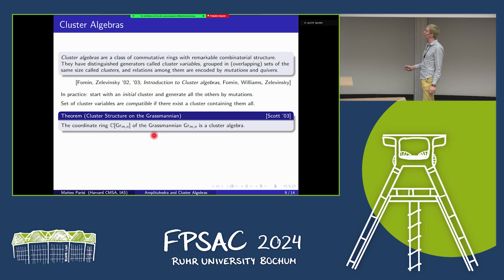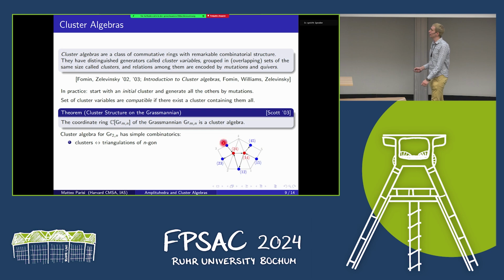For m equals 2 this was also shown by Fomin and Zelevinsky, and it was proved for general m by Scott. Okay, let me focus on the simplest case, m equals 2. So the cluster algebra for the Grassmannian 2, n has a very simple combinatorics. The clusters are in bijection with triangulations of the n-gon. And then the cluster variables in each cluster are just Plücker coordinates ij of the Grassmannian 2, n, that are in bijection with the arcs in the triangulation.